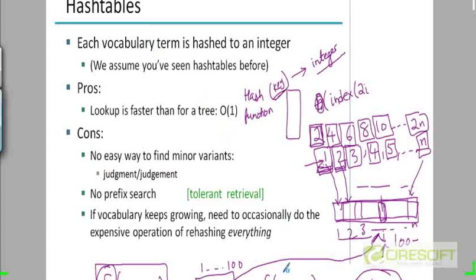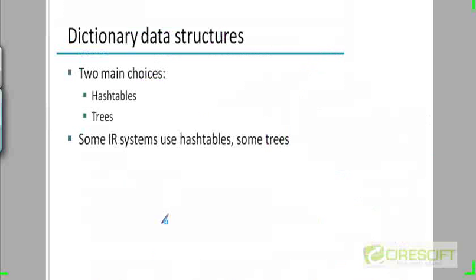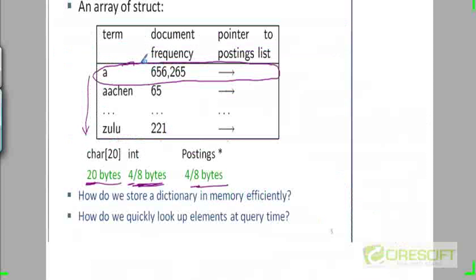So instead of hashing roll numbers, we can also hash terms. We can hash terms in the vocabulary to some index in an array, and we can store that particular term. We can store this particular structure that we saw in the previous slide. So I can take this hash function and calculate the value of the hash function for this term.